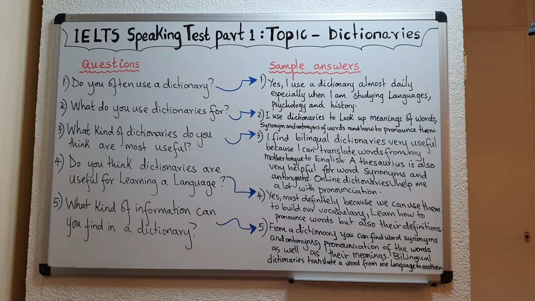Now, in that answer, it is very clear that I know the different types of dictionaries. And these are bilingual dictionaries. You have a thesaurus. You have an online dictionary, okay?